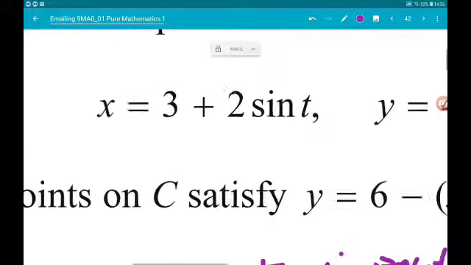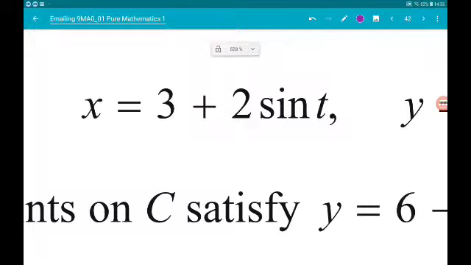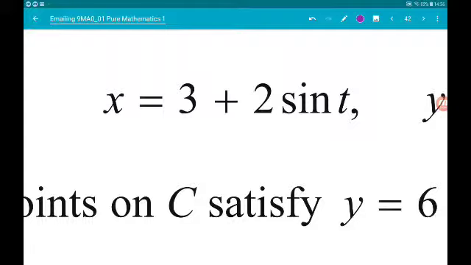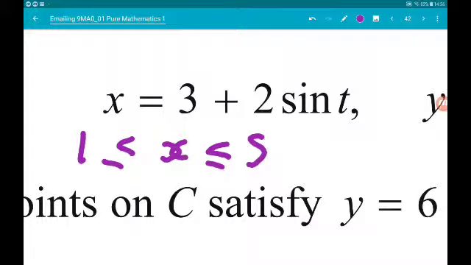So, because x is 3 add 2 sine t, the maximum value of sine t is 1. So when sine t is 1, x is 5, and the minimum value of sine t is minus 1. So when sine t is minus 1, x will be 1.